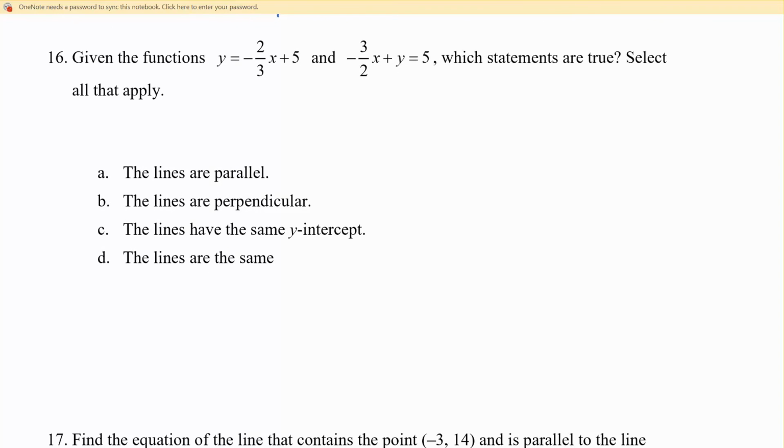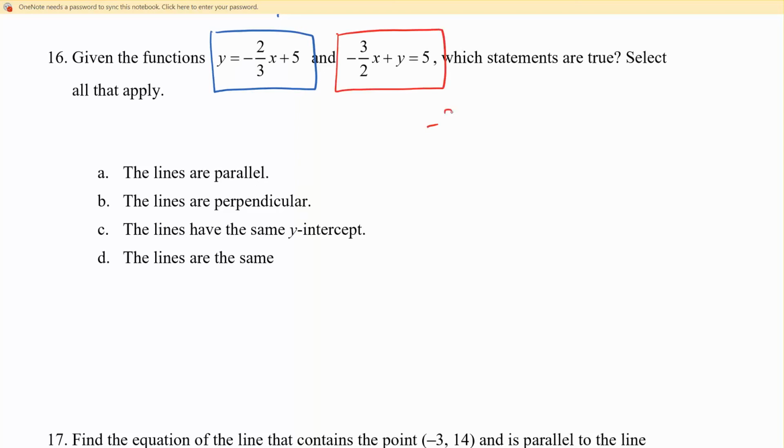Given the functions y equals negative 2/3 x plus 5 and negative 2/3 x plus y equals 5, which statements are true? Okay, so let's solve these both for y. This one's solved for y already, so we'll take this second equation and solve it for y.